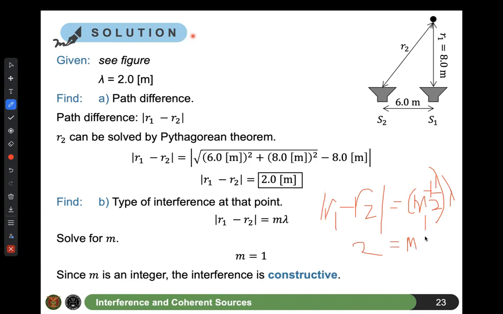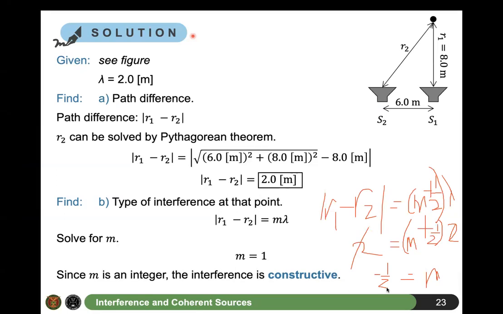Tapos M plus 1 half, and then lambda is also 2 meters. So magka-cancel out to, and we have M equals negative 1 half. But again, yung M kailangan integer siya. So that means at this location, hindi pwede maging destructive interference.